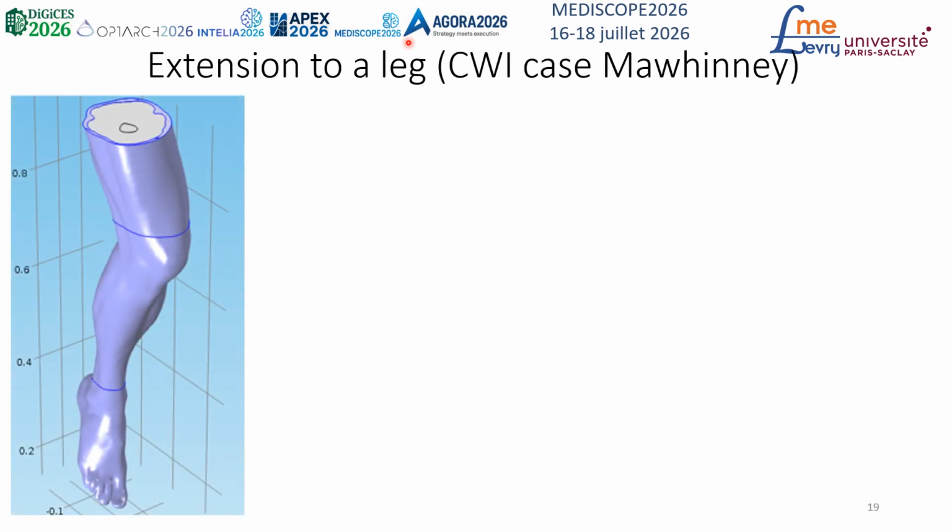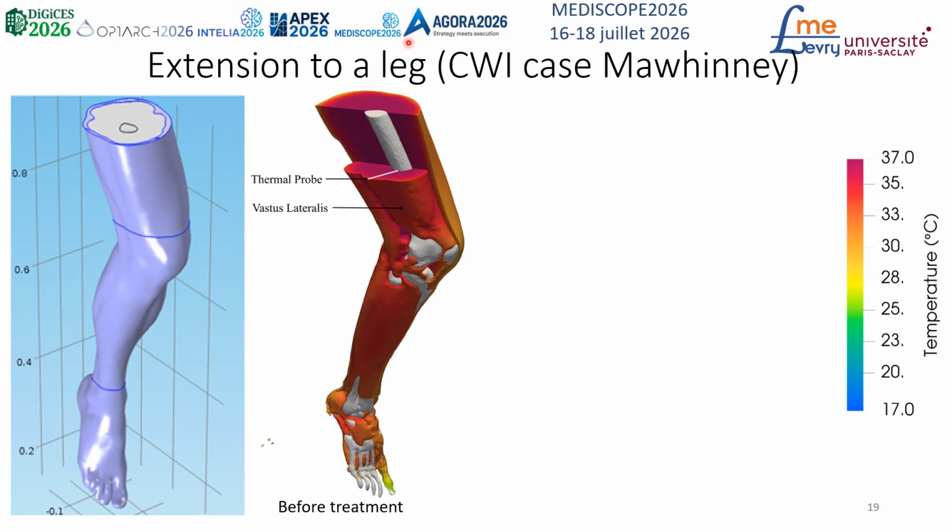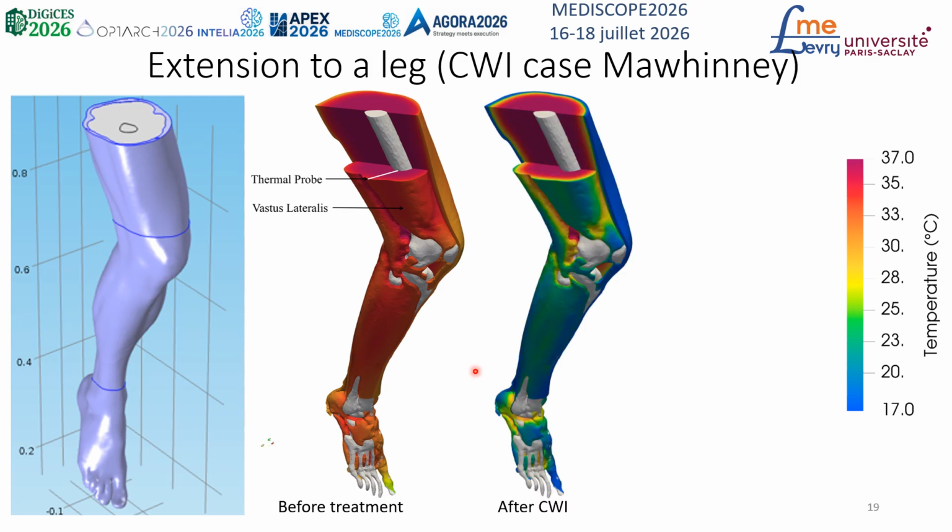To obtain the leg geometry, we display here the temperature field for the case of a cold water immersion, still with the subtraction of the adipose tissue and a part of the muscle for better visualization. Before treatment with physical activity, then just after the cold bath, and finally 10 minutes after treatment.